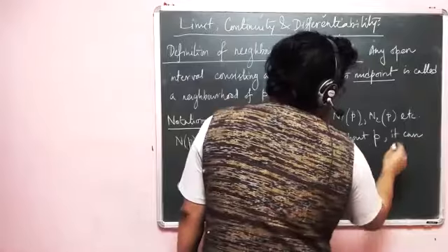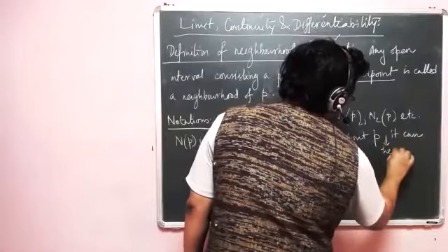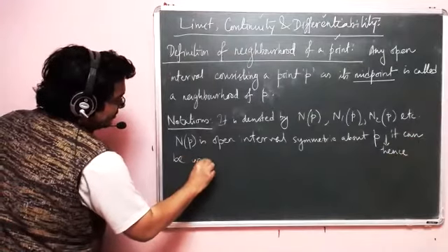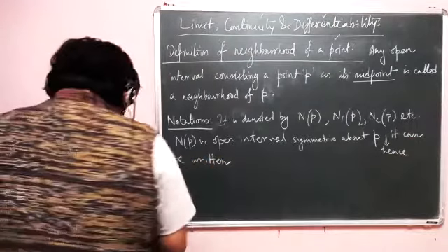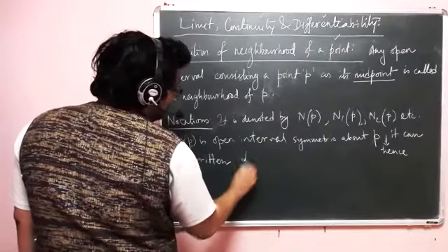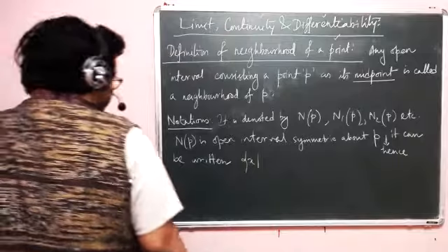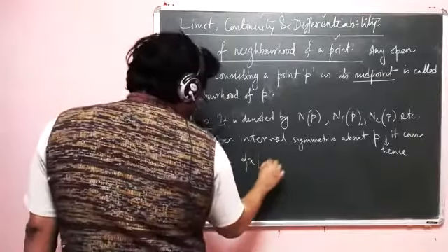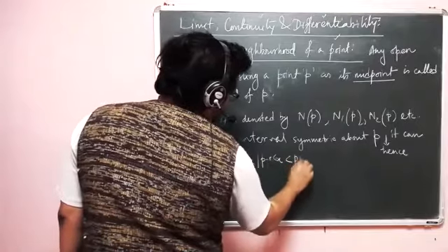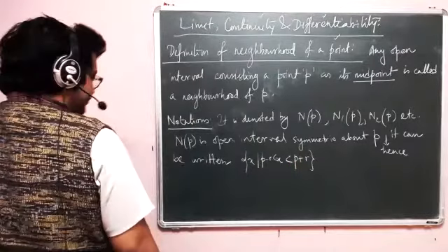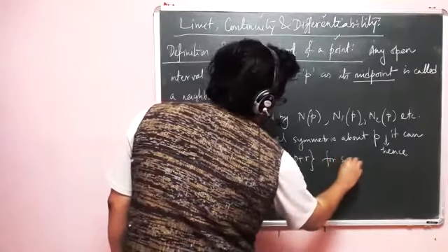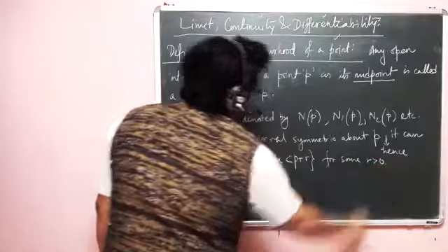Hence it can be written as a collection of X such that X lies between P minus R and P plus R for some R greater than 0.